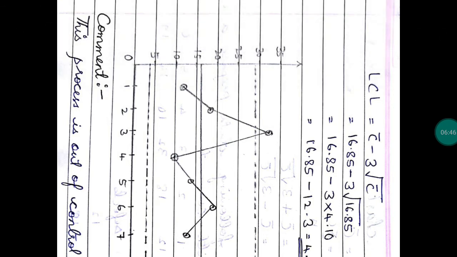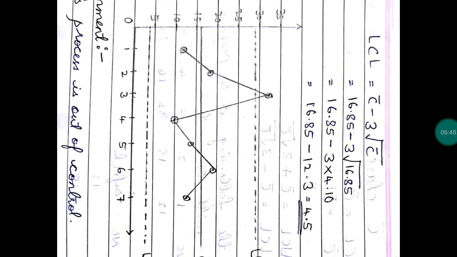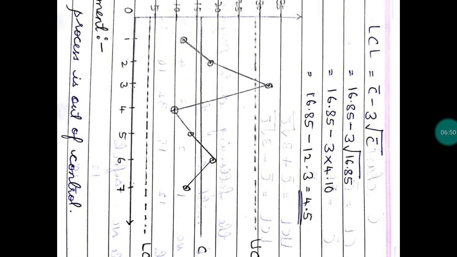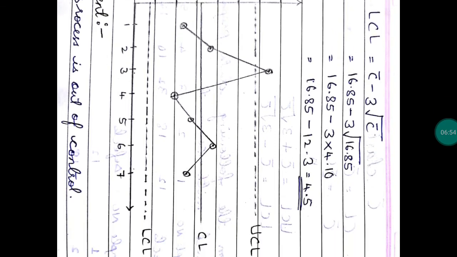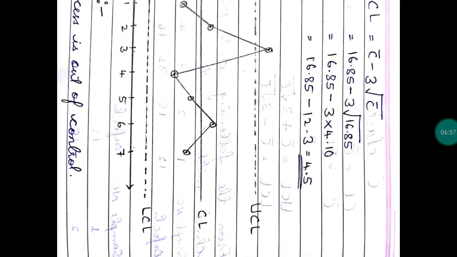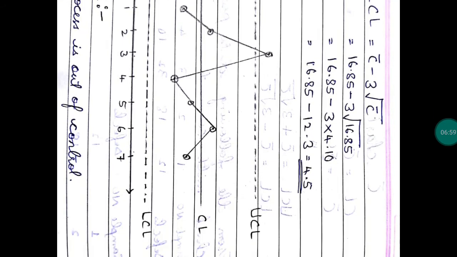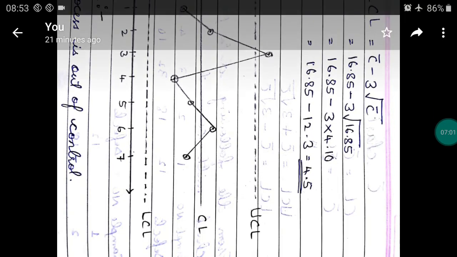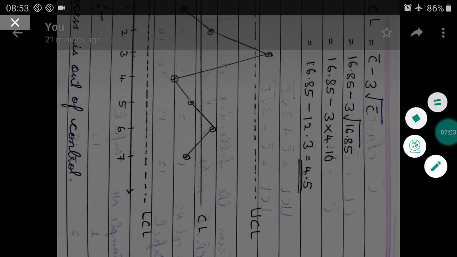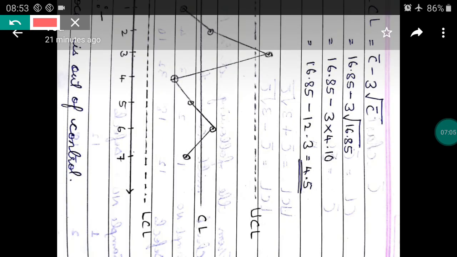You should find all the values here and make a graph with x-axis and y-axis. After that you mark UCL, CL and LCL.